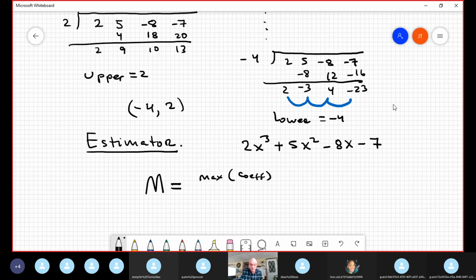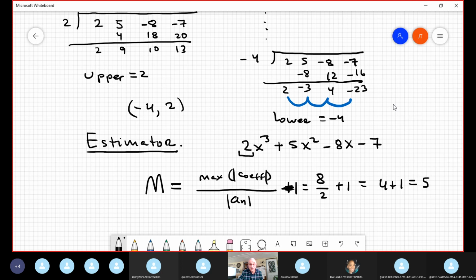It's obvious that the maximum is 8, no? And you divide by the leading coefficient, which always is 2. So a sub m, of course absolute value. I don't care if it's positive or negative. You take positive 8 divided by 2, which is the first coefficient, plus 1. 8 divided by 2 is 4. Plus 1 is 5. So you suppose that the zero lives in between 5 and negative 5.